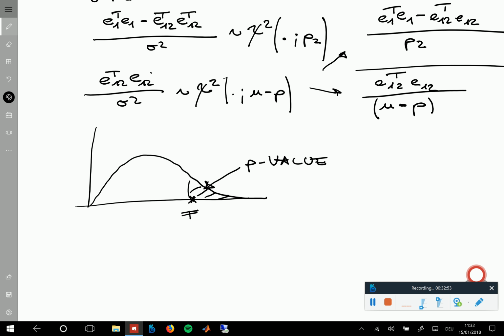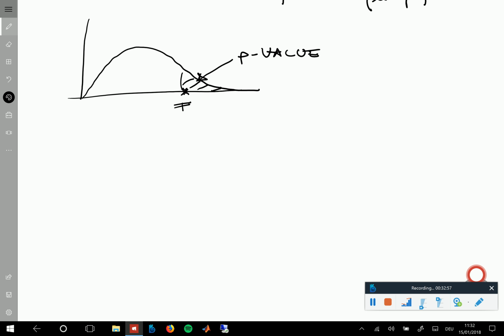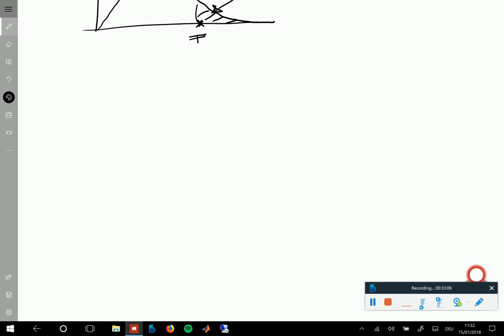So now let's look at a visualization of that, because I think that makes things a little bit more intuitive. If we construct the null hypothesis the opposite way, that beta 1 is 0, we don't do that here.